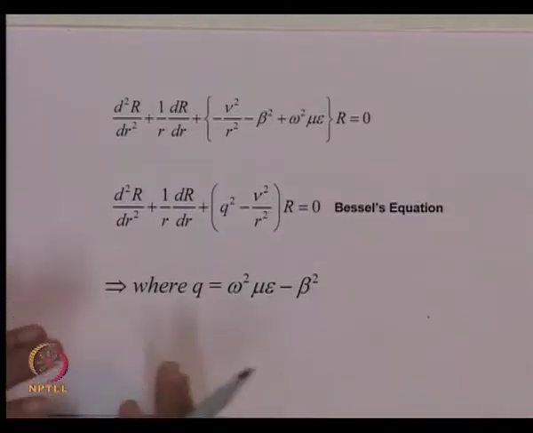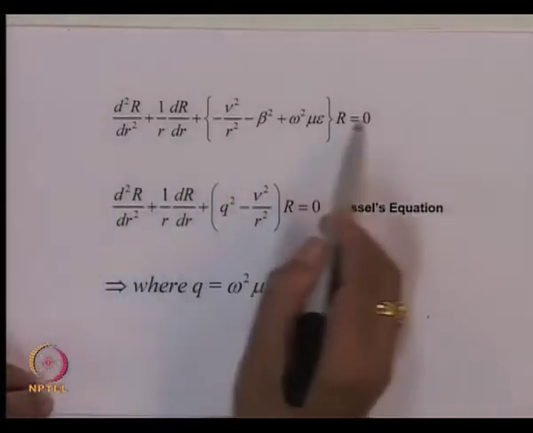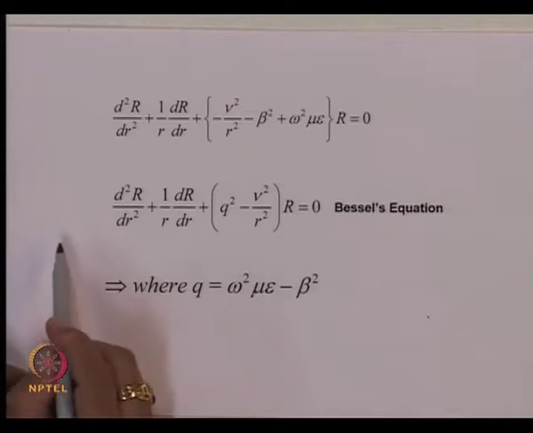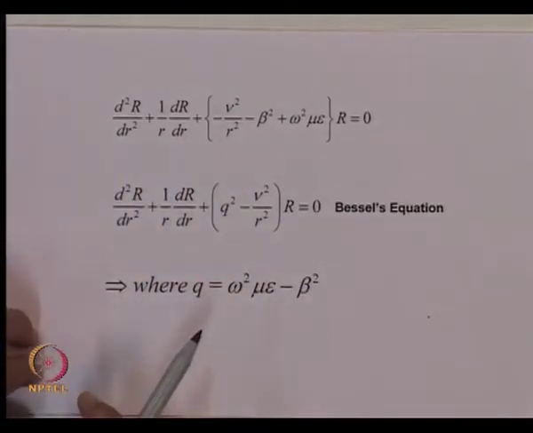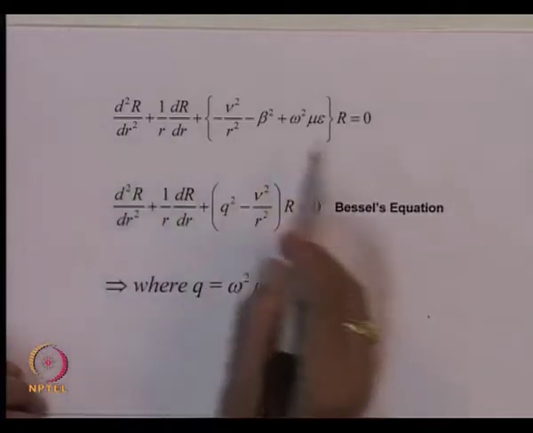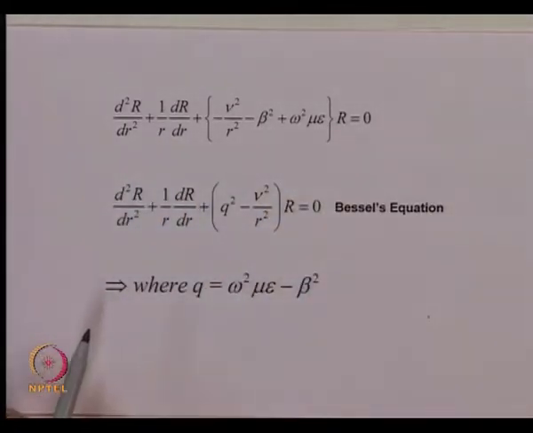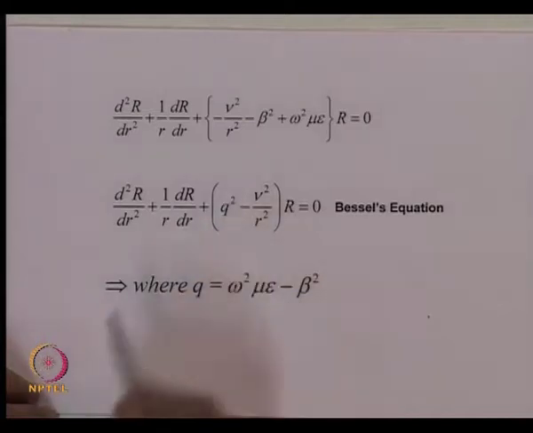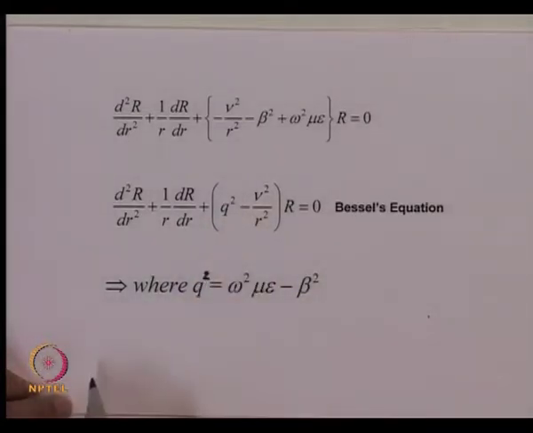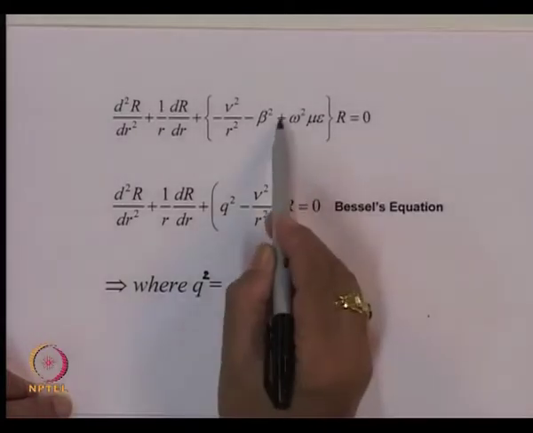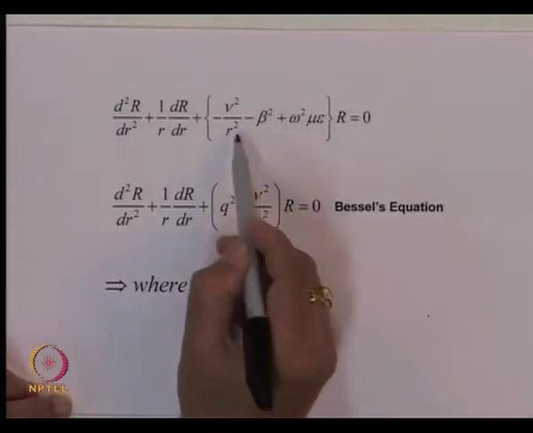So the wave equation now essentially reduces to this equation for capital R as a function of r. This equation is what is called the Bessel's equation, where for brevity we define this quantity q square, which is equal to omega square mu epsilon minus beta square.